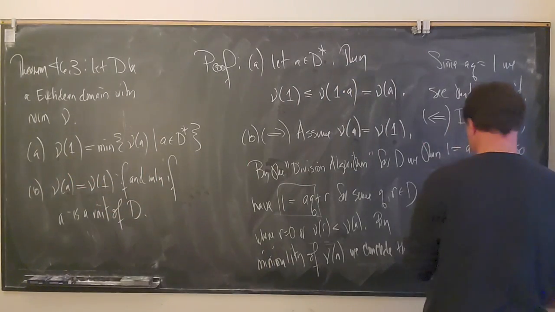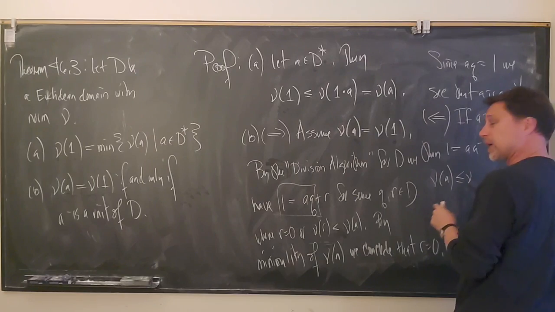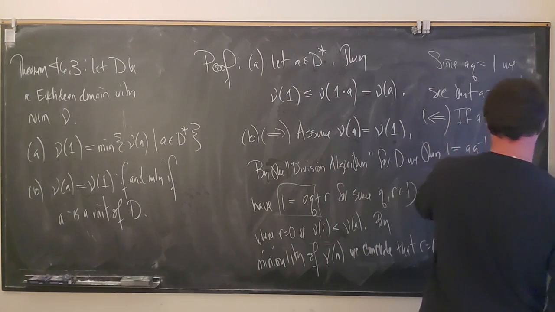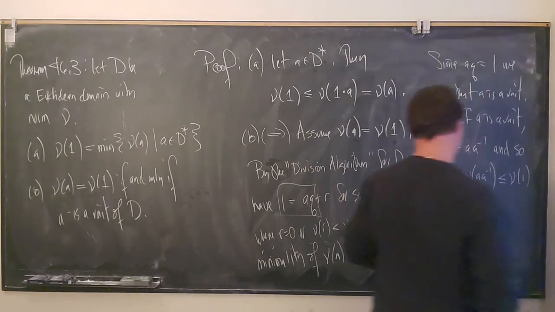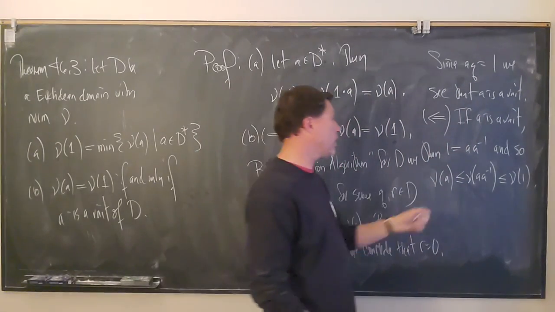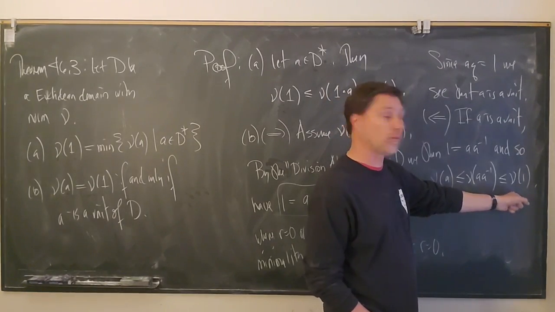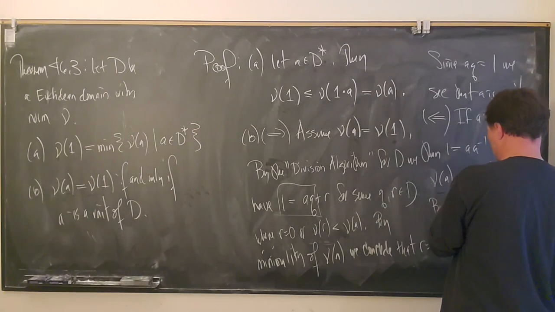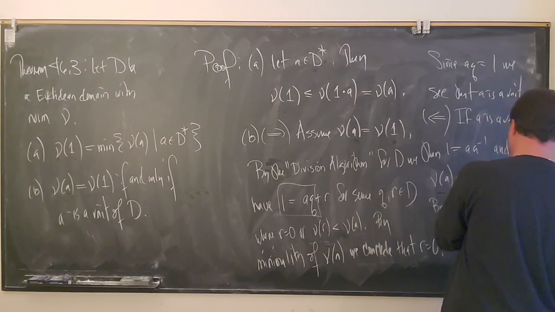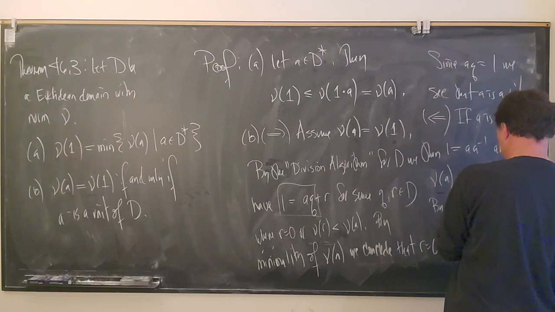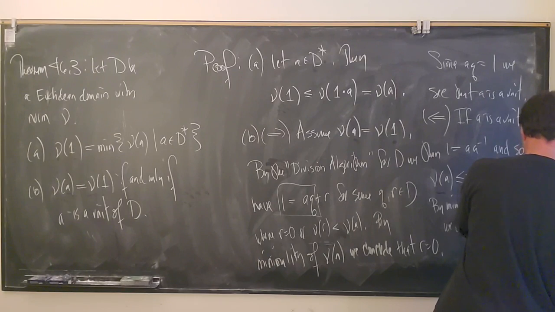So the norm of A is less than or equal to, by our multiplicative property, the norm of A times A inverse, which is less than or equal to the norm of 1. By minimality, we know that the norm of A cannot be strictly less than the norm of 1. So by minimality of the norm of 1, we conclude that the norm of A has to equal the norm of 1.